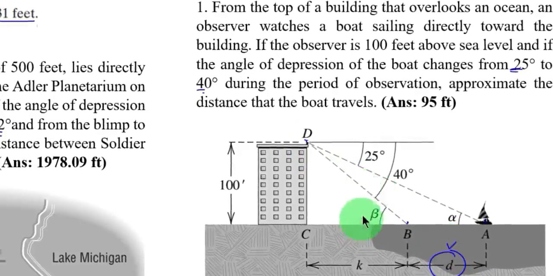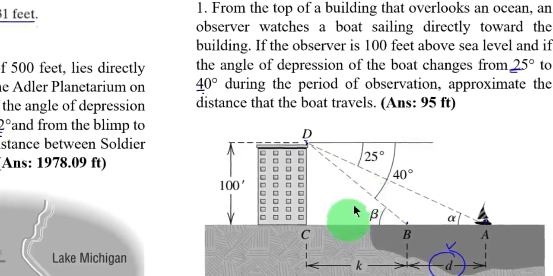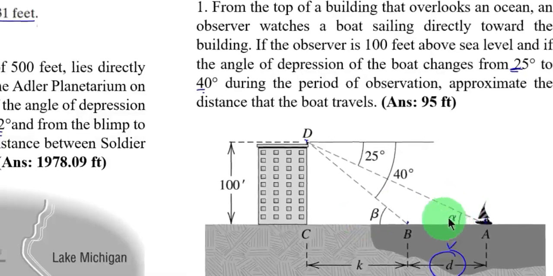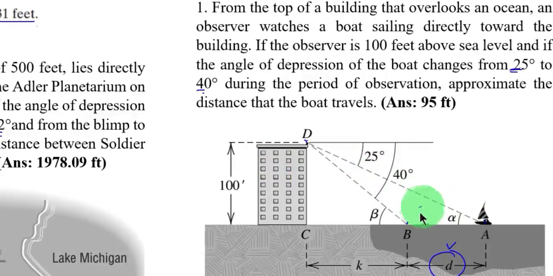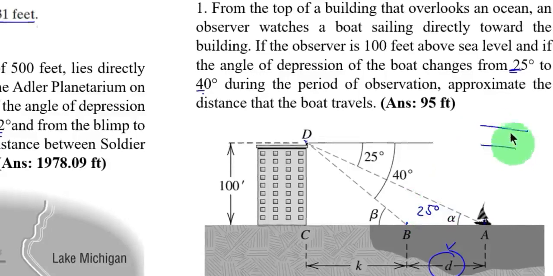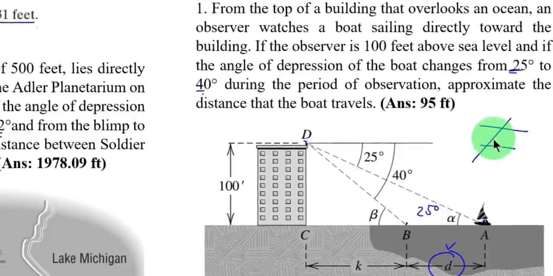If you draw the triangle, of course our interior angles are alpha and beta. This angle is equal to 25 degrees, and the concept we applied here is parallel lines cut by a transversal.